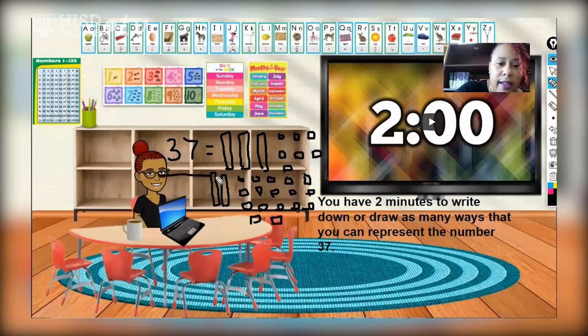And I'm going to put a line to separate them just so you don't get confused. So I also could have showed the number 37 with 2 tens and 17 ones. 2 tens and 17 ones also equals 37.